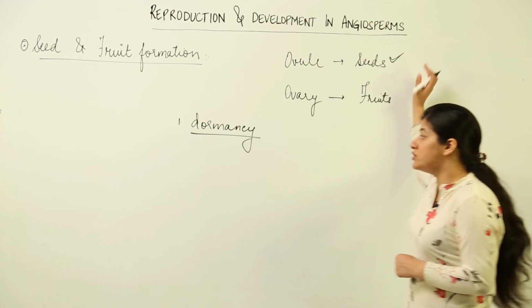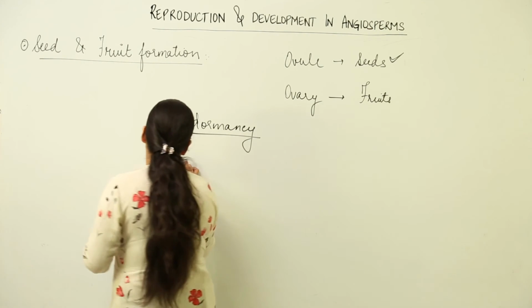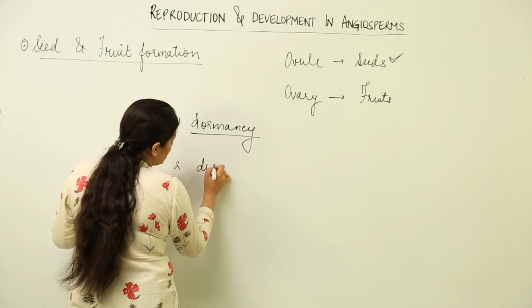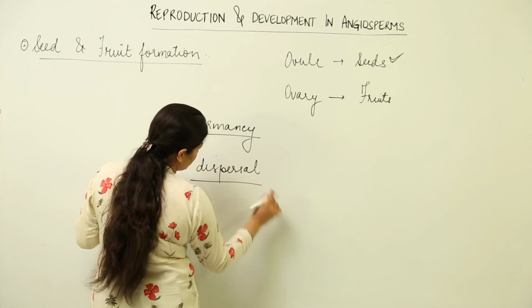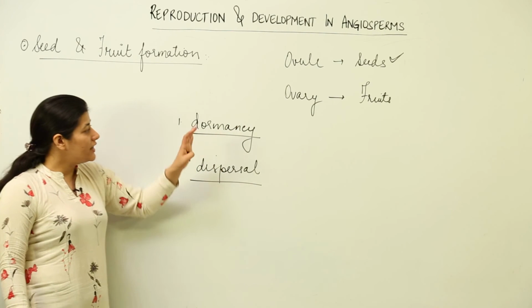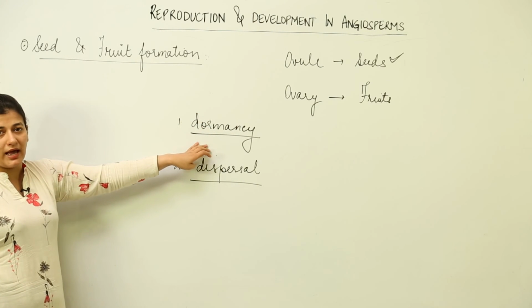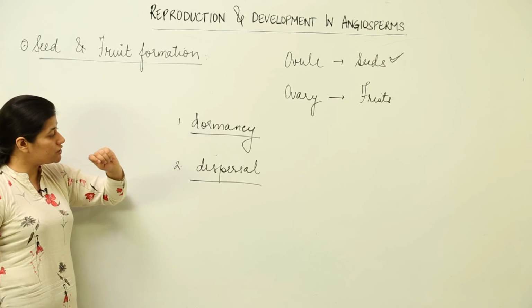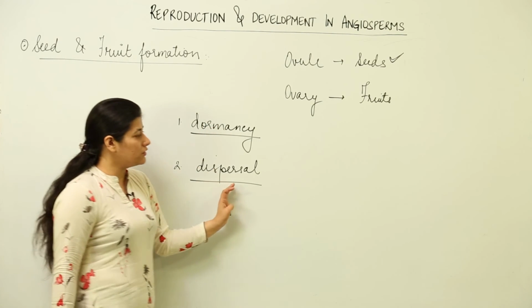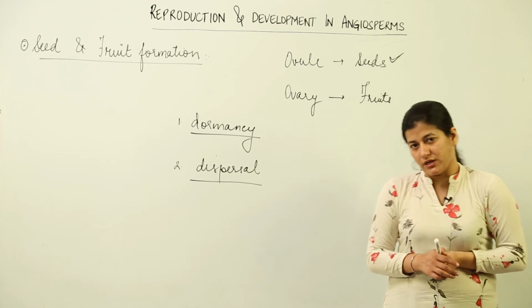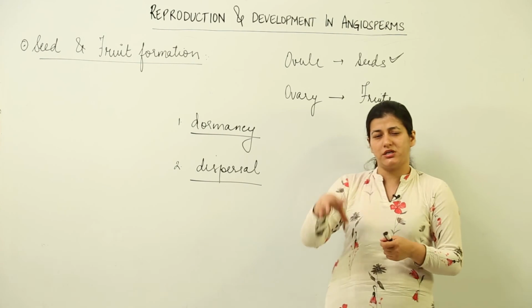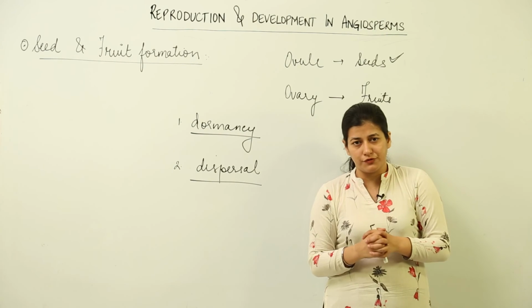And the fruits are very important for dispersal of seeds from one place to another. So these are the two significances that each one holds: seeds undergo dormancy and withstand unfavorable conditions, and fruits help in dispersal. You know, fruit is an edible item. Plants grow fruit, and animals or insects or birds come and feed on those fruits.